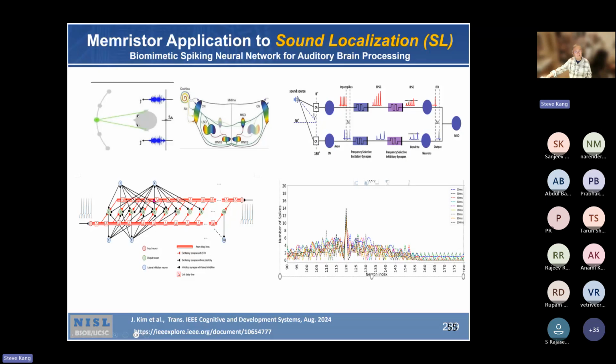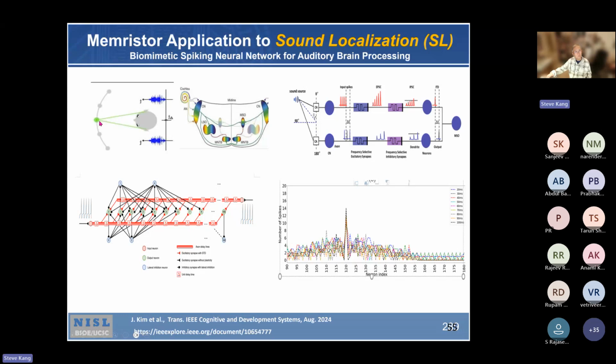This is about what is called sound localization. Suppose you have a human being here. If a sound source is right in front, the sound traveling to the left ear and right ear will be the same. So if the system is correct, it will say the angle is 0.